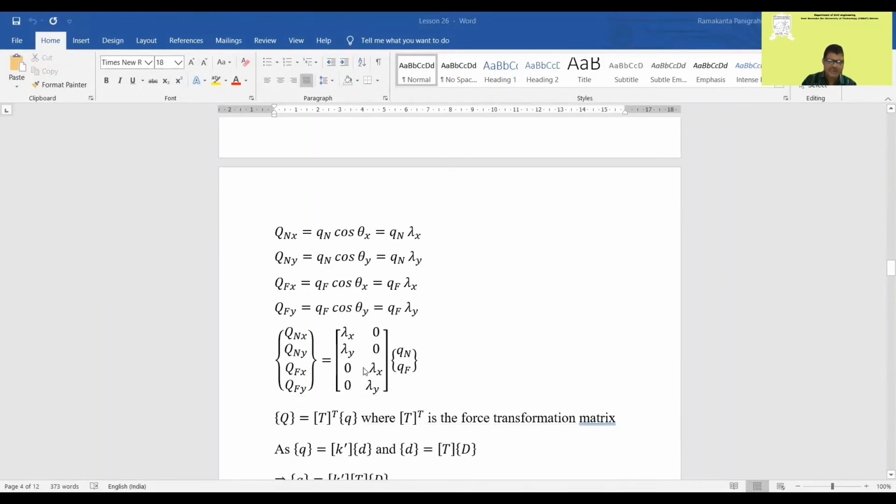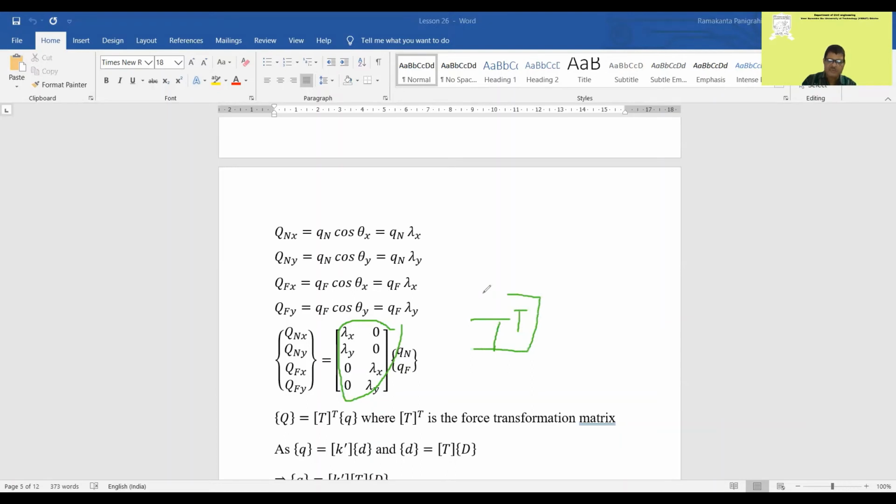Now they will be related. This is the global forces, this is the local forces, related by this transpose matrix. So this is the transpose of the T matrix. This is called the force transformation matrix. That was the displacement transformation matrix, and this is the force transformation matrix. If this is T, this is T transpose.